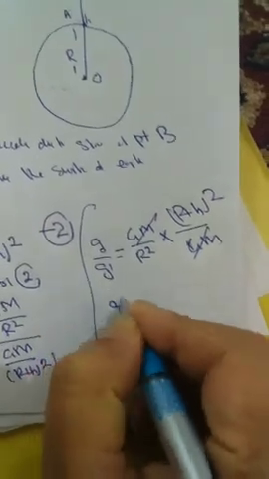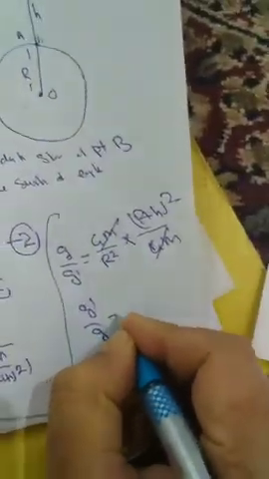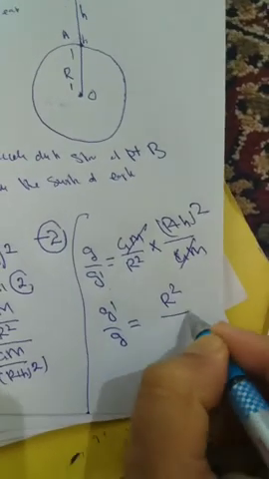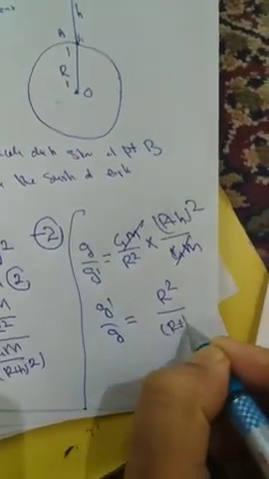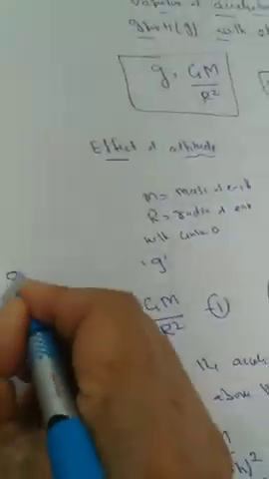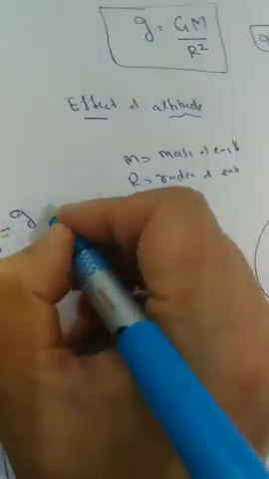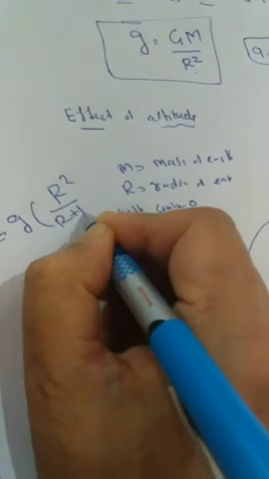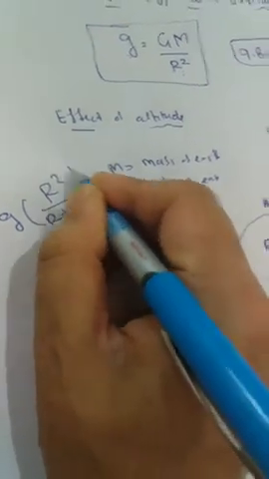Ultimately we get g dash divided by g, but the reverse of this, r square divided by r plus h whole square. Ultimately we get g dash is equal to g r square divided by r plus h whole square.